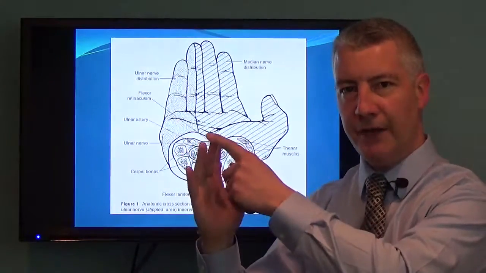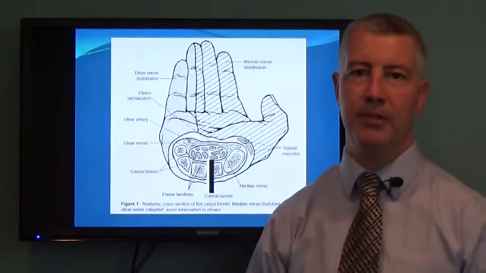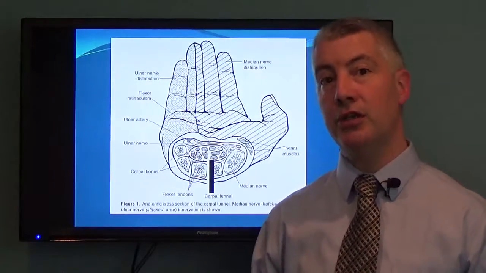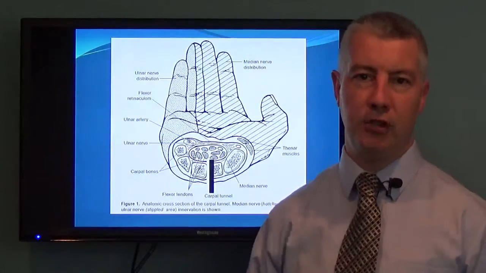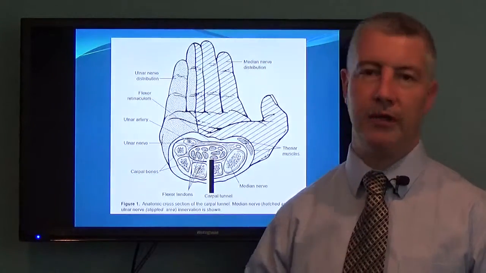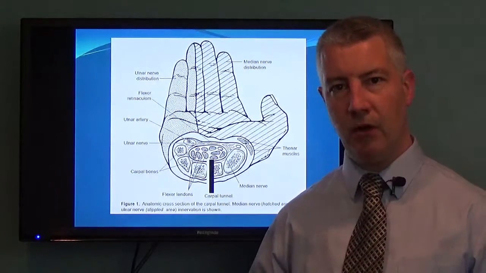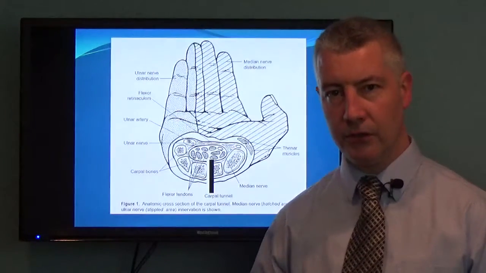Just like jamming a finger, you can jam that wrist and move things out of their proper position through catching yourself from a fall, different sports, or other activities such as working with hammers, drills, tools. Those can all cause carpal tunnel syndrome.